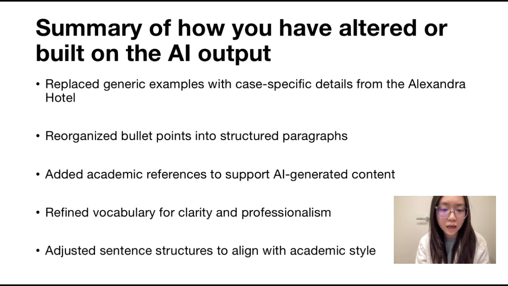Additionally, I added academic references to support the AI's content and ensure the credibility of the information. I refined the vocabulary and adjusted sentence structures to enhance clarity and professionalism, making the report more elegant with academic standards.